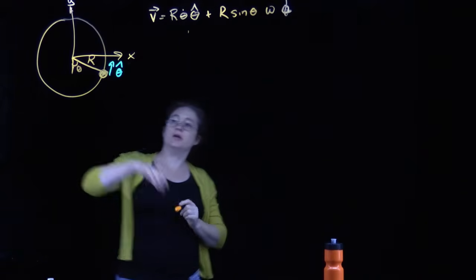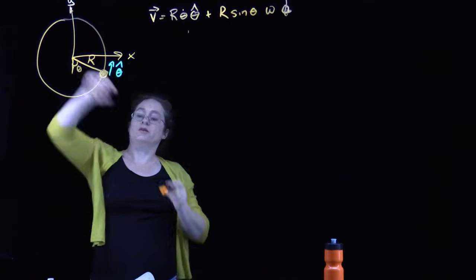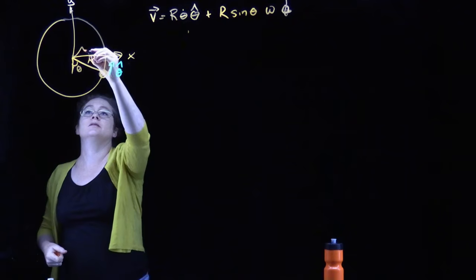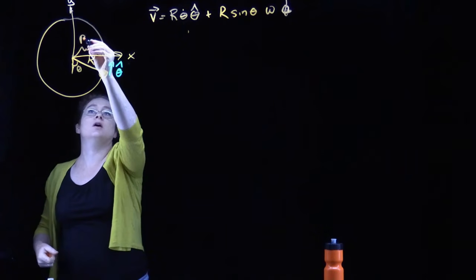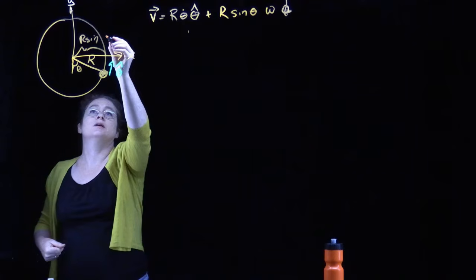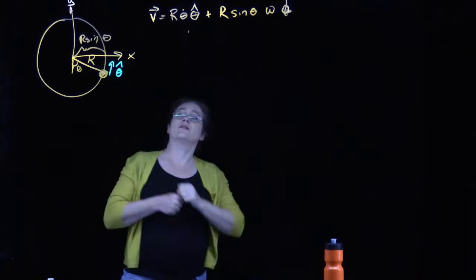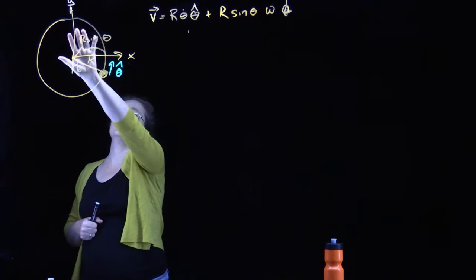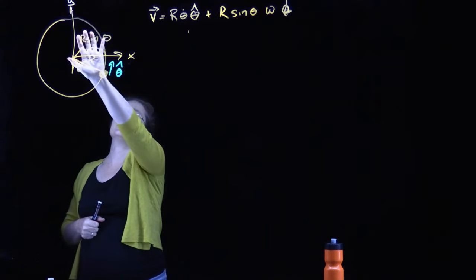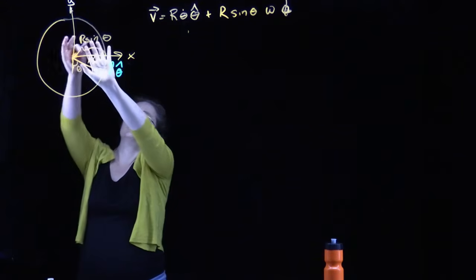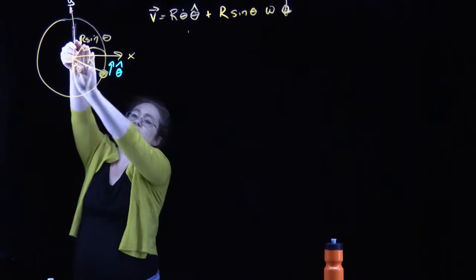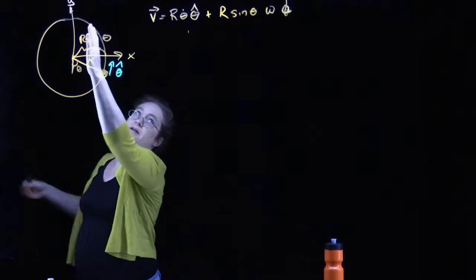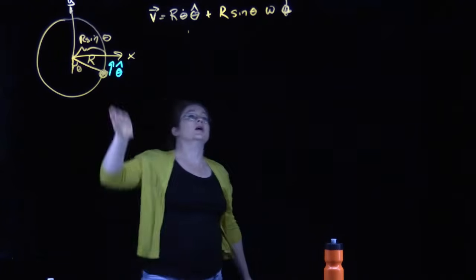Okay, so if you look here, this distance is r sine theta, and phi hat, phi is the angle of the x-axis relative to some origin, and so phi is going to rotate like that.